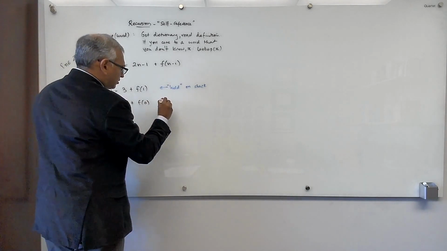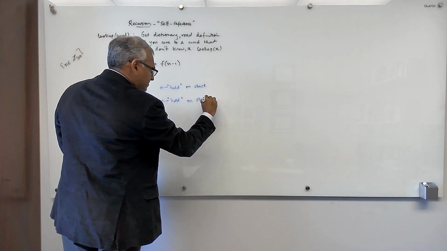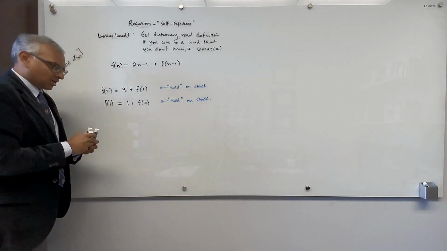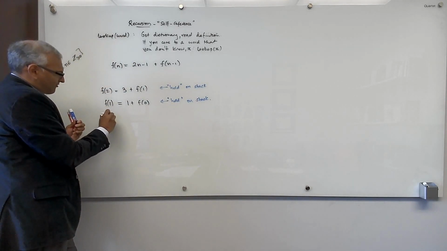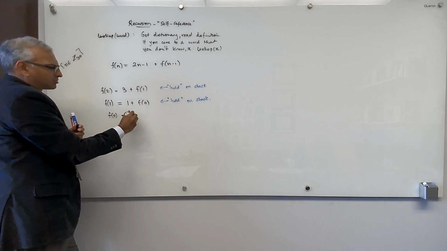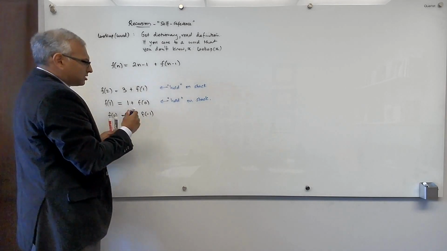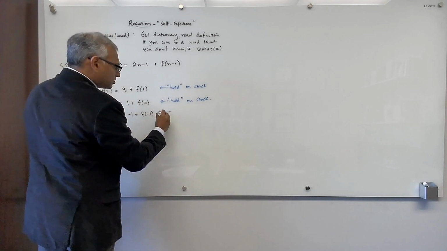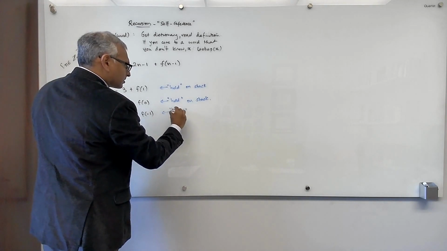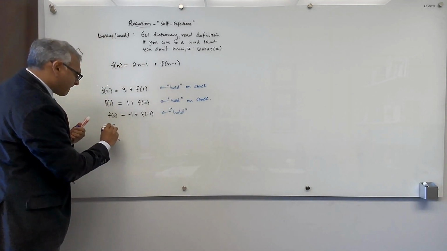On hold, on stack. No problem, while I wander around trying to figure out what's f of 0. So f of 0 equals, no problem, I plug in 0 here, -1 plus f of -1. Put it on hold, because I need to now compute f of -1.